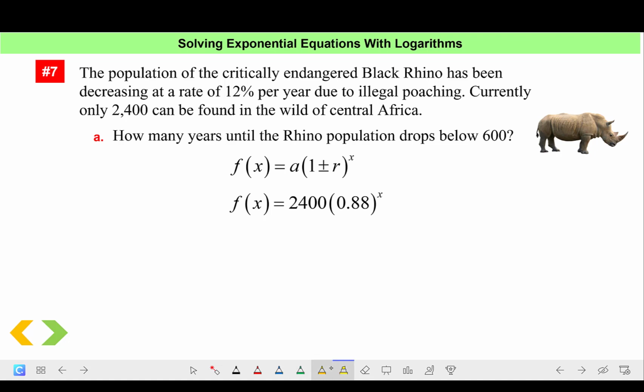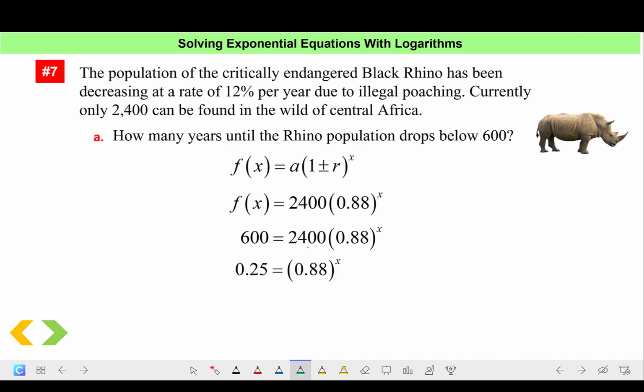Then our question basically becomes, how many years, solving for this value of x, until the population drops below 600. So that would be our output, which would be here. So here's the equation we're solving, and at this point, we just use logarithms.